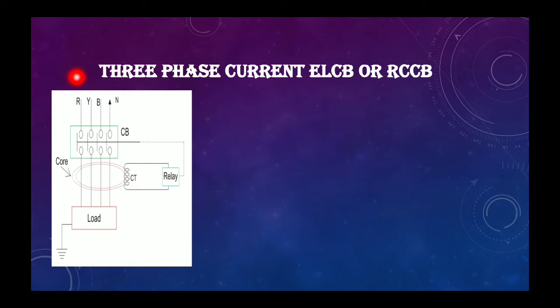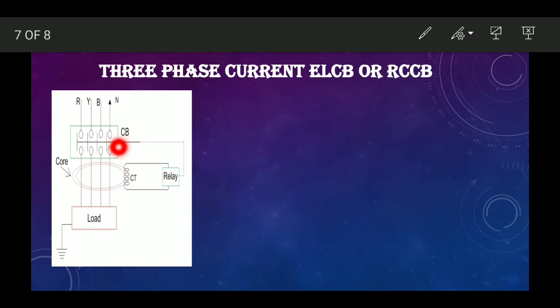This is the moving contact of the circuit breaker, that is the fixed contact, and the relay is connected with the moving contact. That is the CT, that is the core of the CT, and that is the load. So here 4 wires are used instead of 2 wires, that is RYB three-phase and another is neutral.